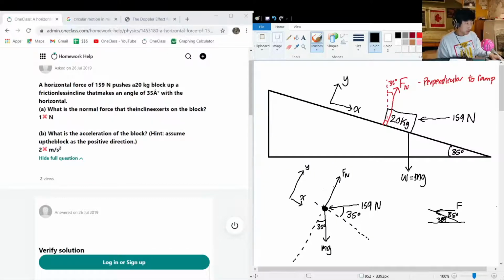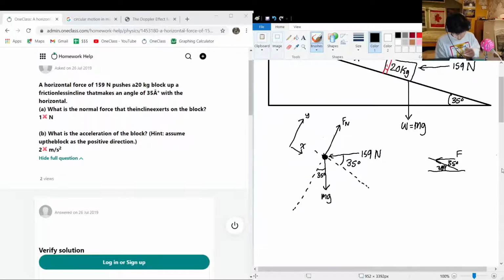Okay, now we know that the net force along the y direction of this situation has to be 0. The reason for that is we know that it's only going to slide up the hill or down the hill. So with our tilted axes right here, we can only have x direction forces that are not perfectly neutralized. So if we wanted to do the sum of all y forces, we have to equate them to 0.